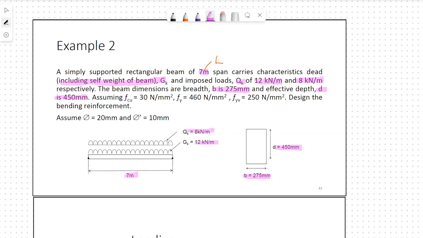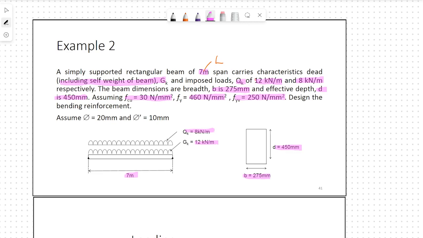Assuming FCU, the strength of the concrete, is 30 Newton per mm square, or concrete grade C30, and Fy, the characteristic strength of reinforcement, is 460, meaning this is a high tensile steel, and Fyv, the strength of the shear reinforcement, is 250, meaning this is a mild steel. Design the bending reinforcement.